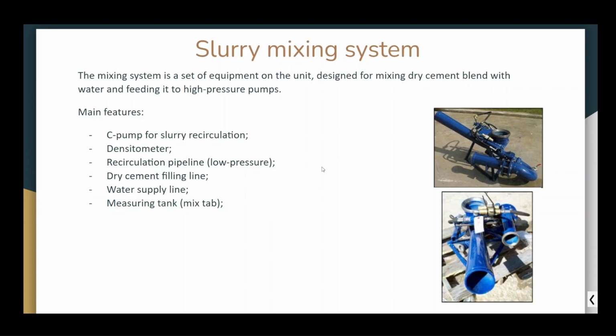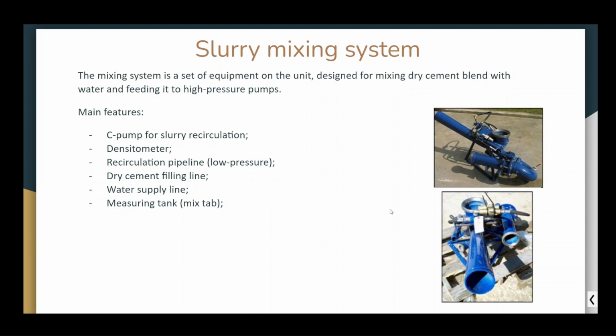A slurry mixing system is essentially a part of this cement unit, which allows us to produce cement slurry to pump at the designed density. This equipment allows us to mix homogeneous cement dry blend with mixed water and feed it to the high pressure pumps.